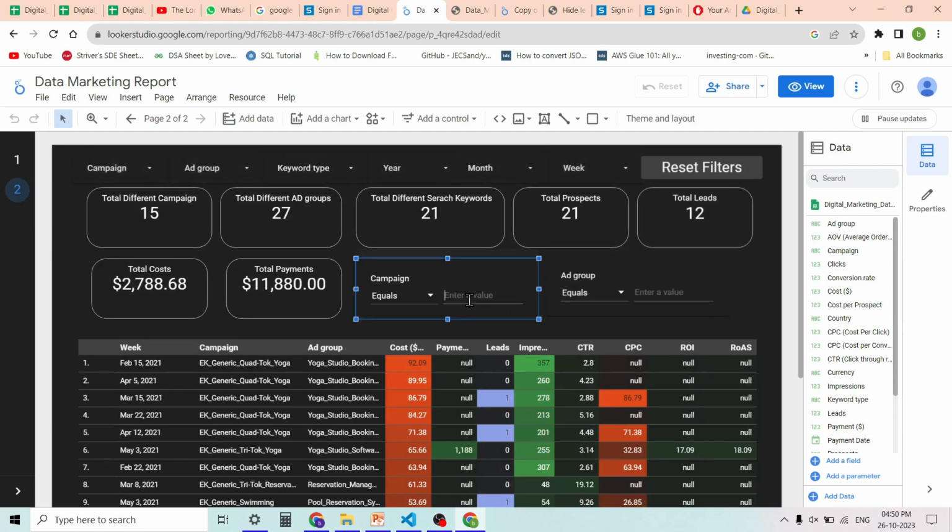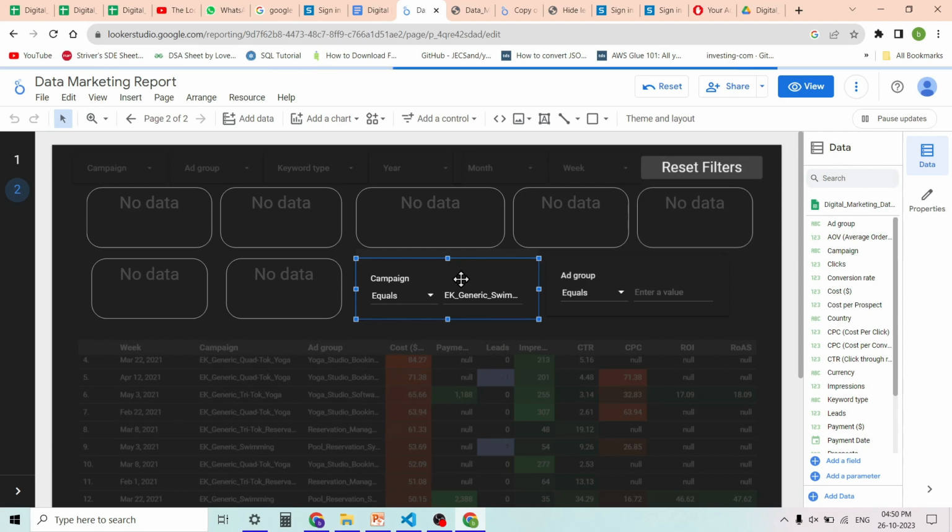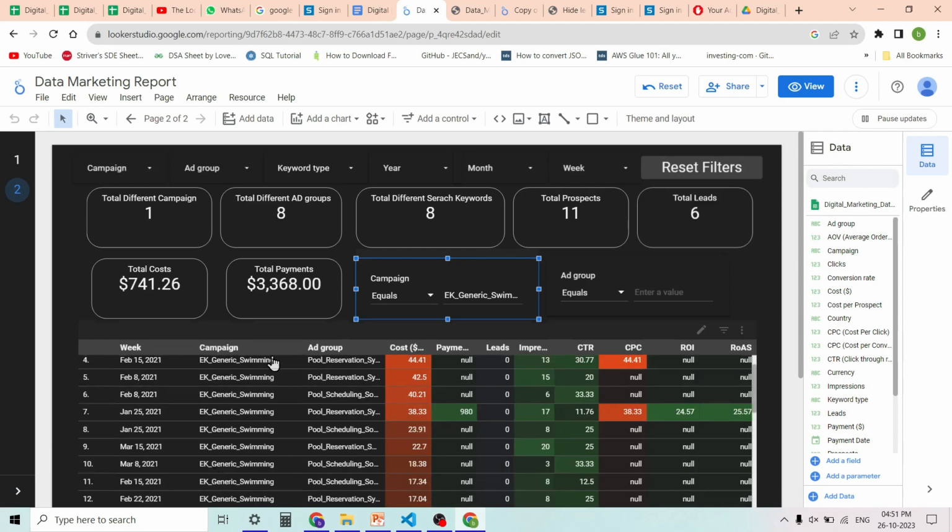Here we have some advanced filters if you want to search for something that is equivalent to some campaigns. You can see EK generic. So if I select EK generic swimming only, EK generic swimming, you can see that only these filters are showing.